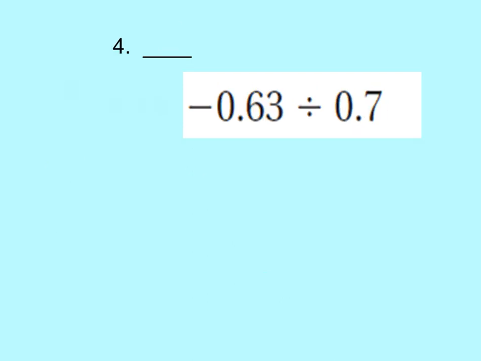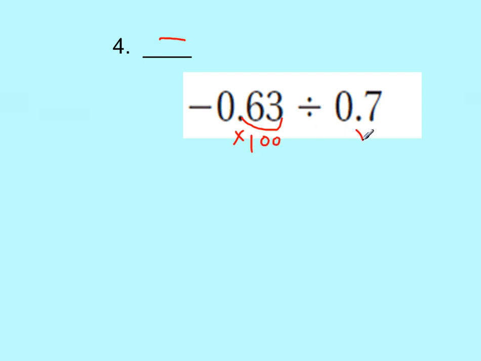Let's look at number 4. Again, a negative divided by a positive, the final answer is going to be a negative number. I've got to figure out how many place values I need to move. Well, here I can make this a whole number by multiplying by 100.